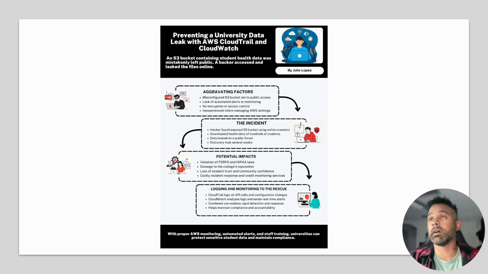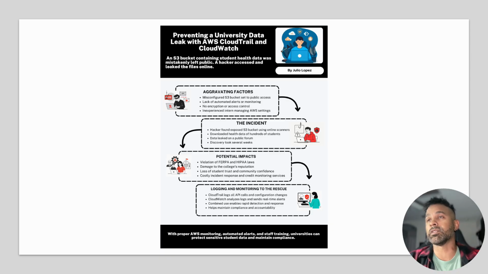And at the very least, we also created a post that is going to be posted throughout the university, where all faculty and students will be educated about what happened and how to prevent this from happening again.